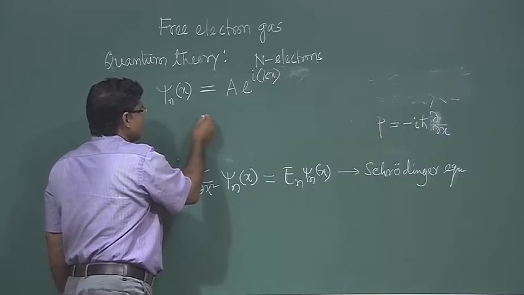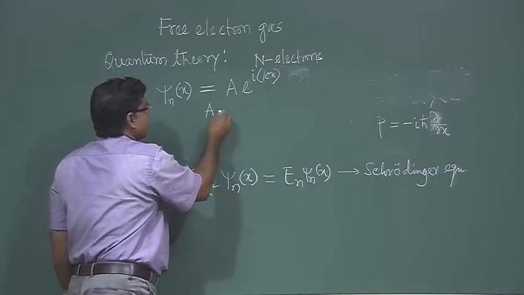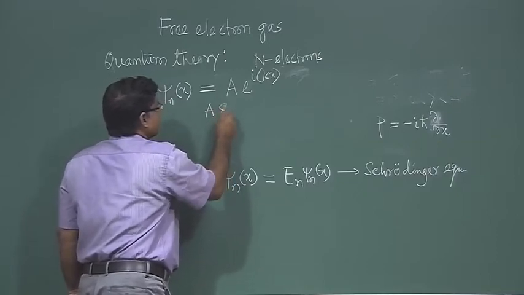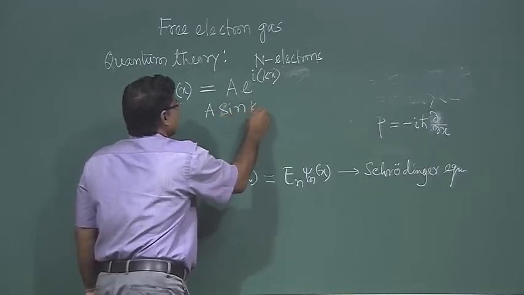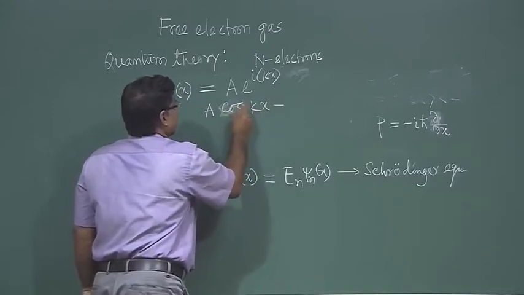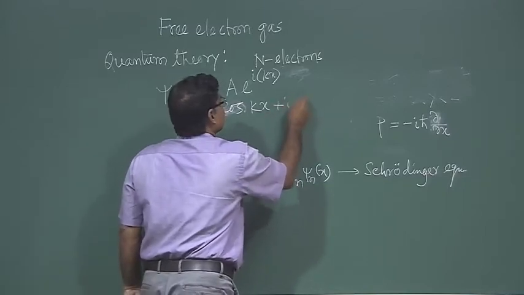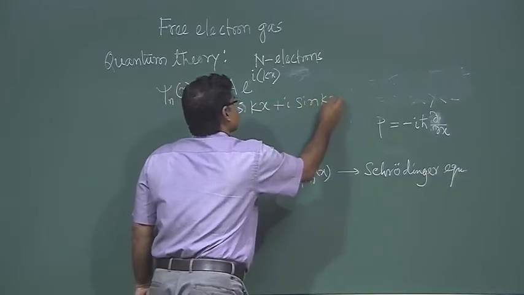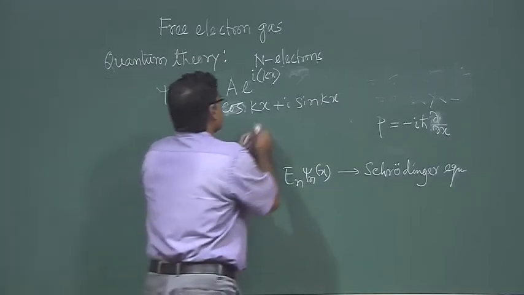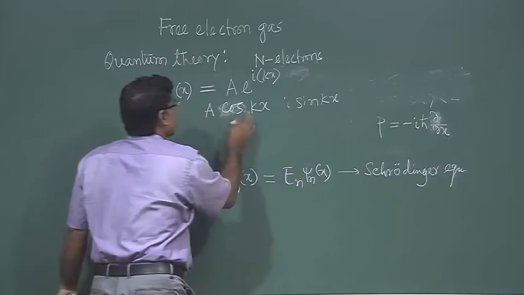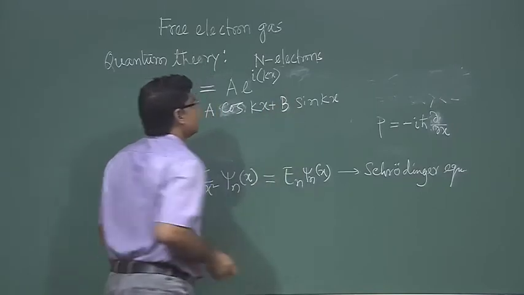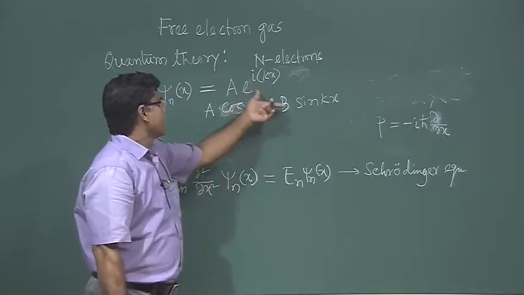We can write this e to the power in terms of sine and cos functions: cos kx plus i sin kx. In general, one can consider A cos kx plus B sin kx.